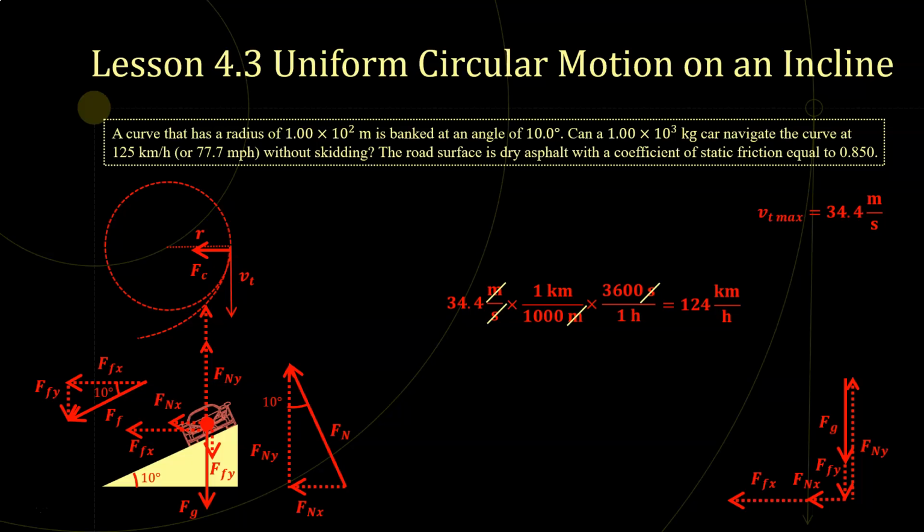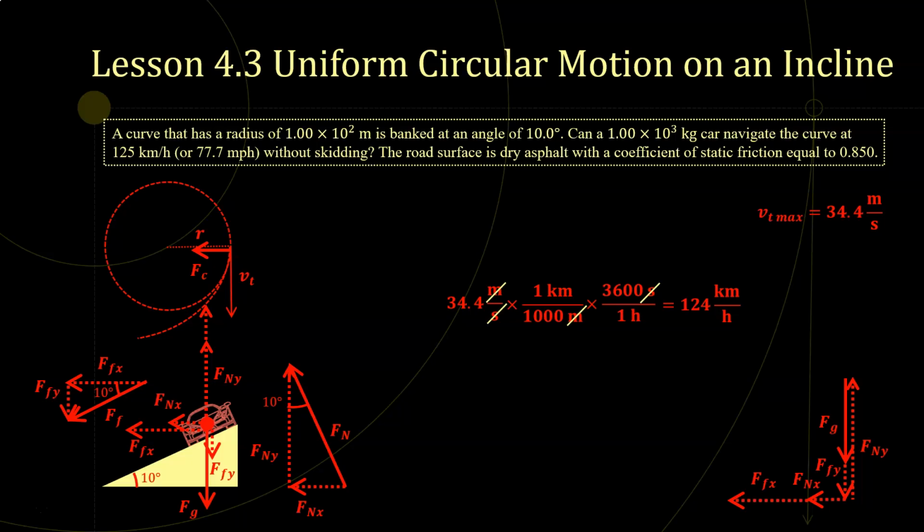That's what I calculated. Now my reference speed, the speed that I actually am moving around the curve, is 125 kilometers per hour. And how does that compare to the maximum speed? Well, it's greater. So I'm moving just too fast, and my tires are going to start squealing as I move around this curve.